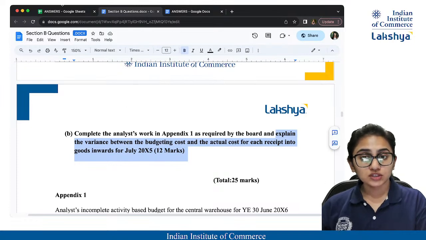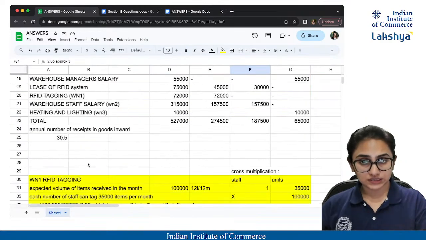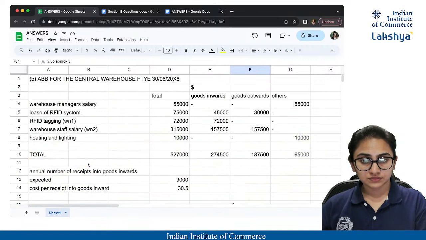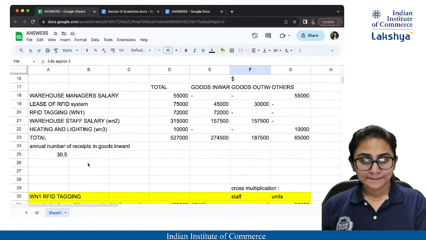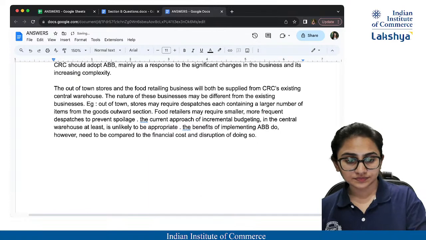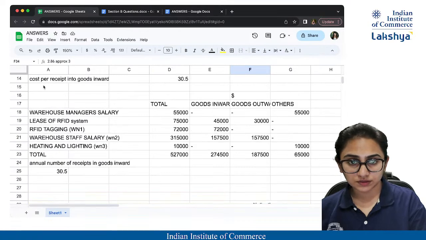You should not only just solve it but also explain the difference in the variances. Okay. So let's do it. The B part. This is the B part, so you have to mention that it is the B part.